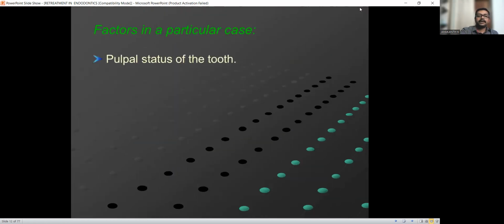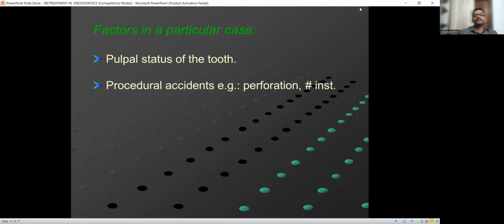Then factors in a particular case: pulpal status of the tooth. For certain teeth, the pulpal or infected status determines the success rate: how far it has been diseased, how far it is in a retreatable position.